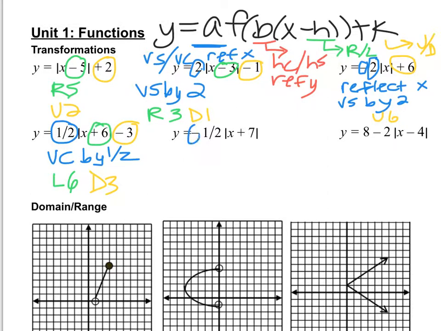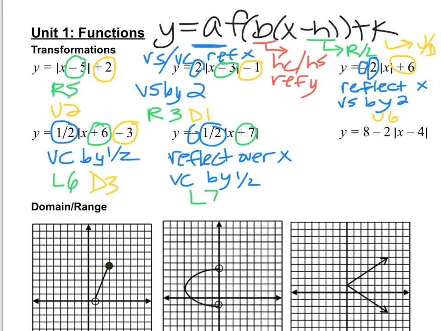We have another one that has 2 pieces here. Negative means reflect over the x-axis. 1/2 means vertically compress by 1/2. And then we have left 7. This next one tries to trip you up because it puts the constant in front. So it's not about order, it's about the fact that this is a constant, so that's telling me up 8.